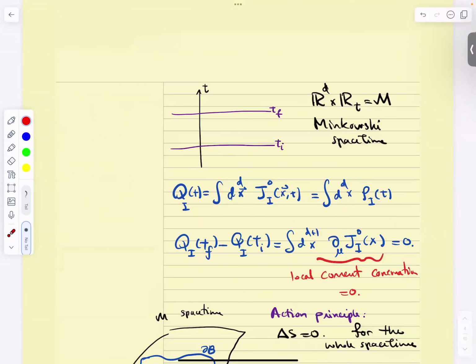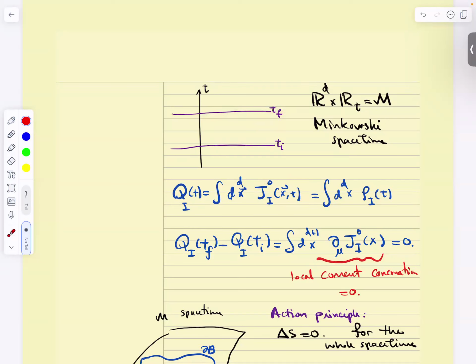Let's talk a little more about charges and currents. We're in Minkowski space in this course. Minkowski space is flat R^D, for example 3+1 dimensions, R^3 times R_t, where R_t is just time. That's your manifold. Often we define charges by integrating the charge density over space.